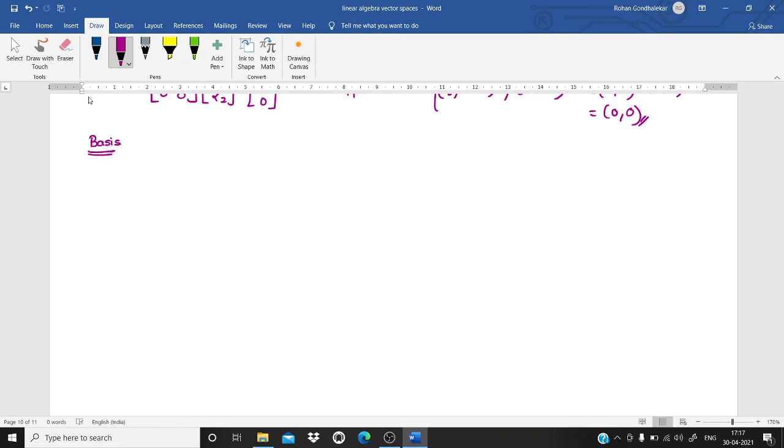So, capital V be a vector space. Capital S be the set of vectors V1, V2, and so on Vn. Capital S is equal to V1, V2, and so on Vn, be the set of vectors in V.